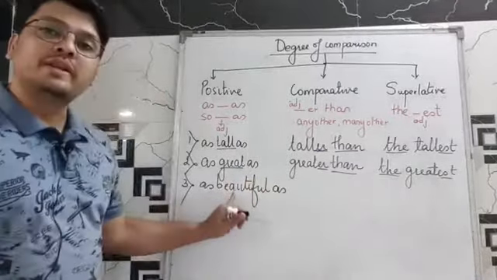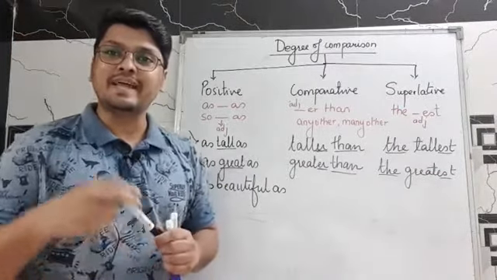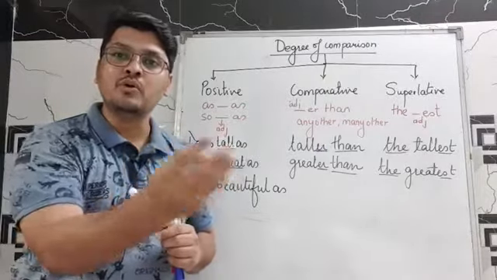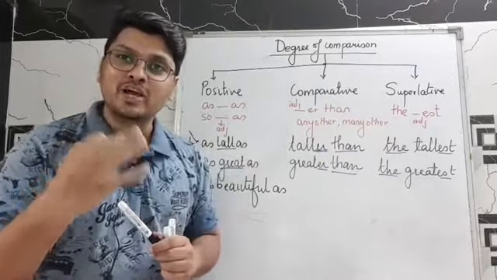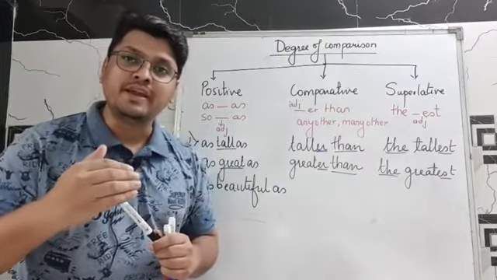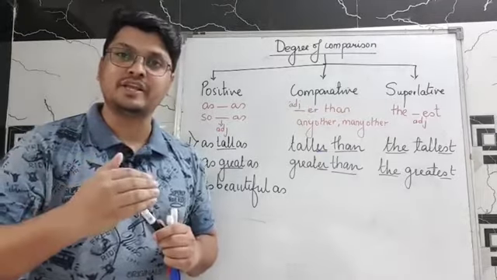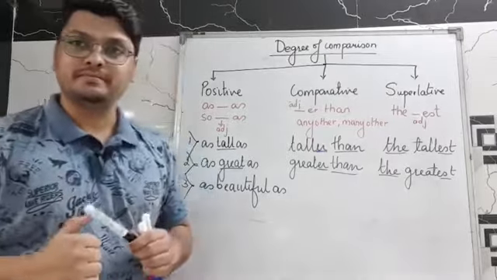So you can see, student, this adjective, beautiful, has two or more syllables, three syllables. So such degrees do not change into er and est.